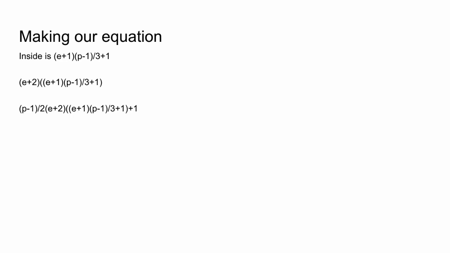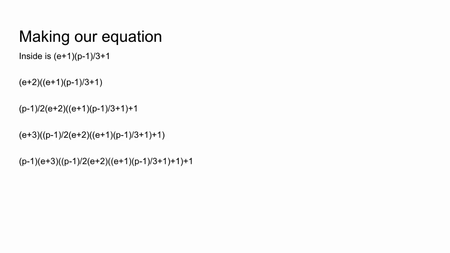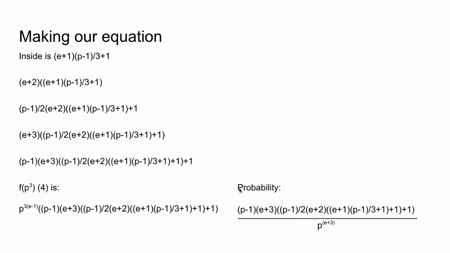Next, multiply it by e plus 3. Then multiply it by p minus 1 and add 1. And then finally, you want to multiply this by p to the 3 times e minus 1, and our formula is done. And then that's the probability.